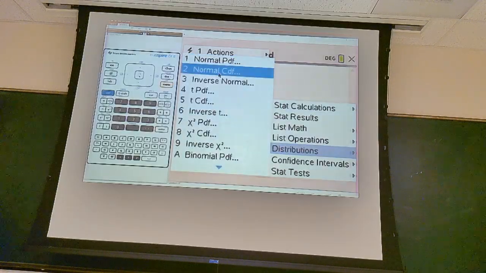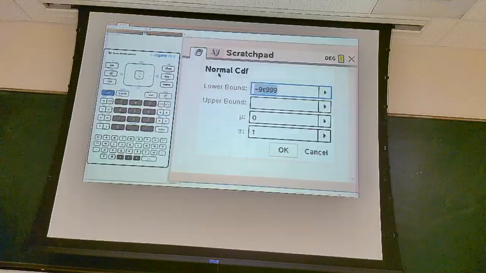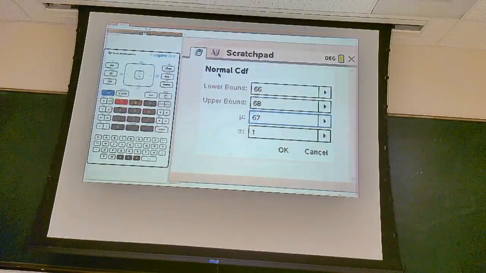Normal CDF. Lower bound was 66. Upper bound was 68. The mean was 67. The standard deviation, what we said, was 0.62.